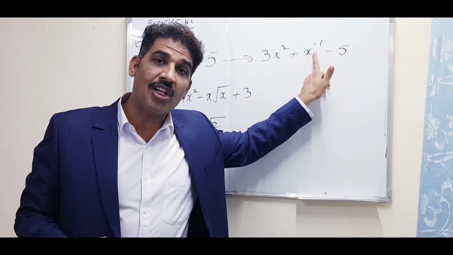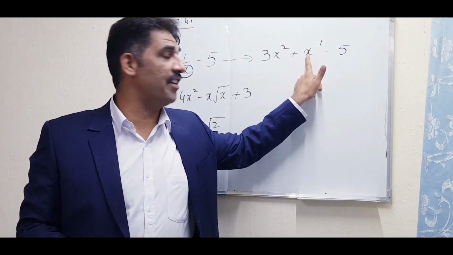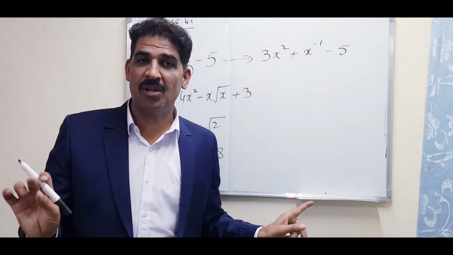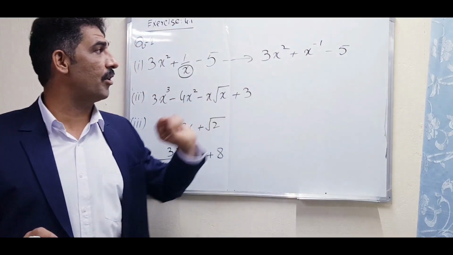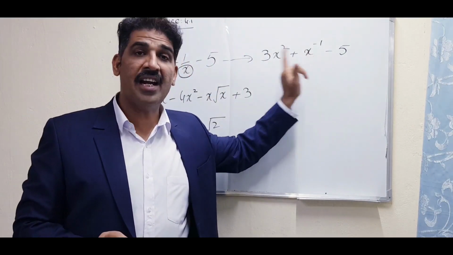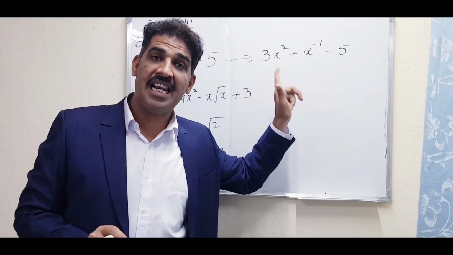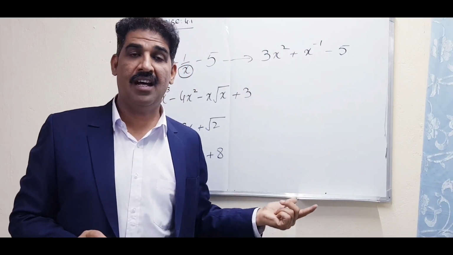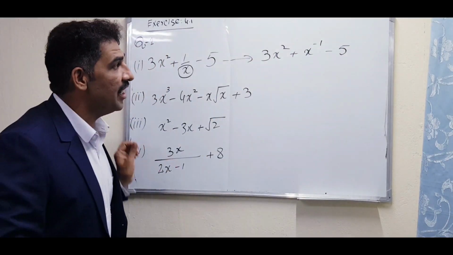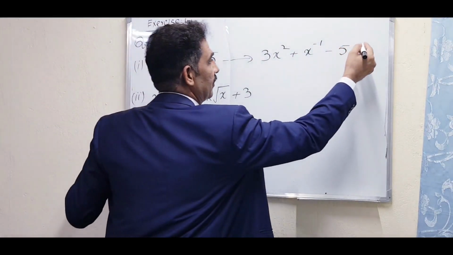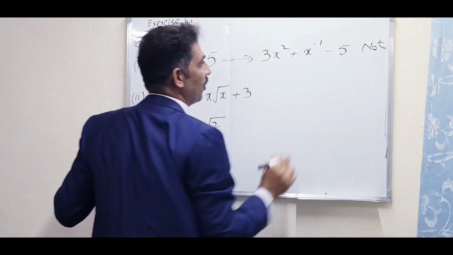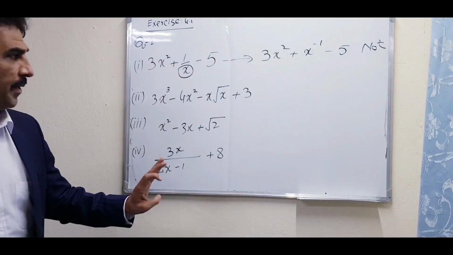So according to the definition, if any variable has a negative integer power, it is not a polynomial. According to the definition of a polynomial, each variable's exponent or power is a non-negative integer. Here is one negative integer. That's why it is not a polynomial. So I am writing here not polynomial. If it is not a polynomial, then it is an expression.